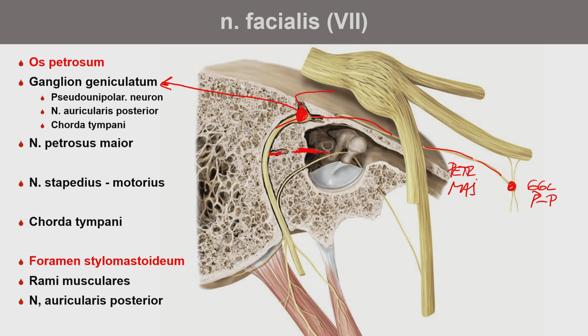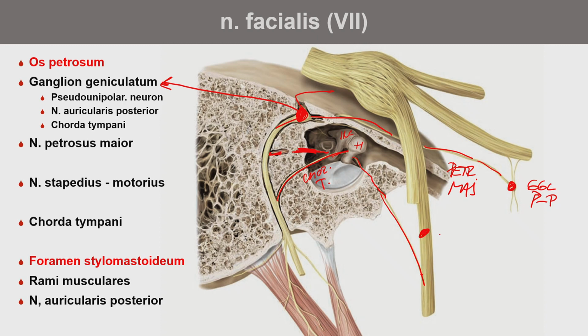And then the third branch, seen here, is called the chorda tympani, which is going in a fold of mucosa in the middle ear and entering the fissure between the hammer and incus, and then is going into the synchondrosis between the petrosal and sphenoid bone, and then going outside, and you can see that it is joining with this nerve.